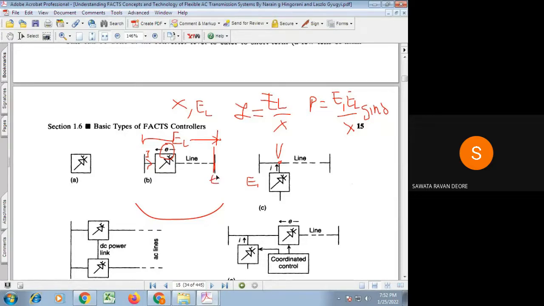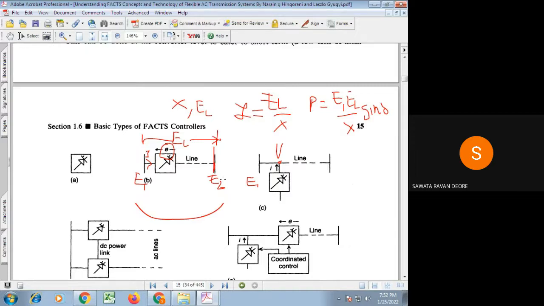E2 is controllable, or E1 is controllable by controlling EL. But in order to control E1 and E2 to a particular value, controlling EL also controls the flow of power through the transmission line. That means the voltage at a particular bus we can maintain by regulating the power flow through the line.